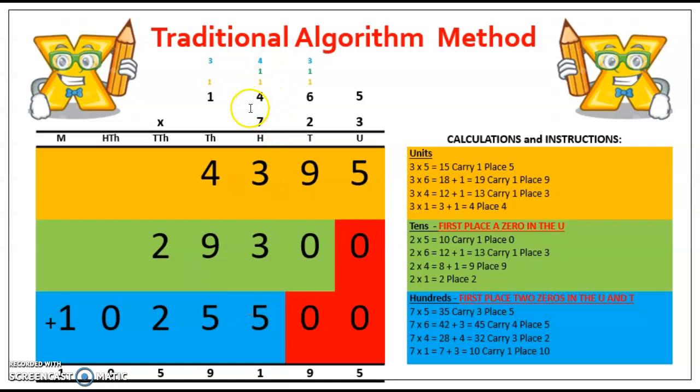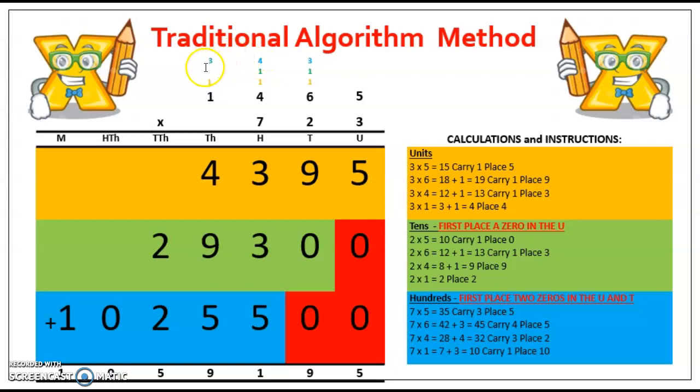Next, we're going to say 7 times 6, and that is 42. 42 plus 3 is 45. You carry the 4, place down the 5. Next, we're going to say 7 times 4 is 28. 28 plus the 4 we carried over is 32.